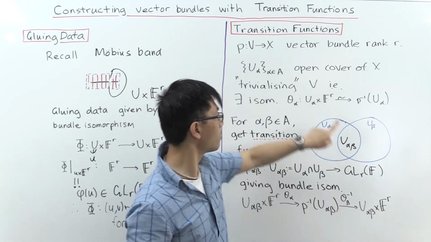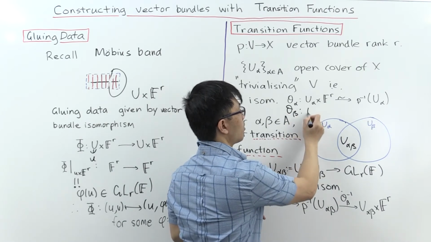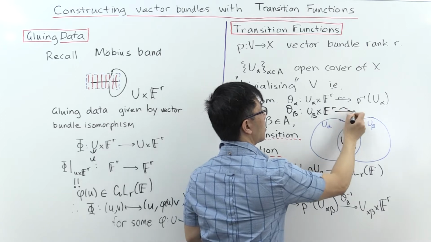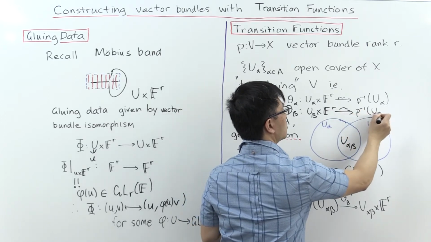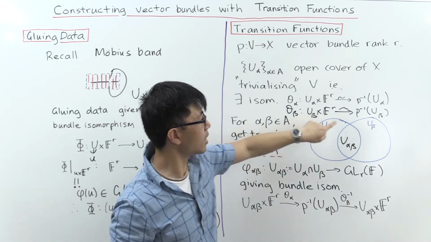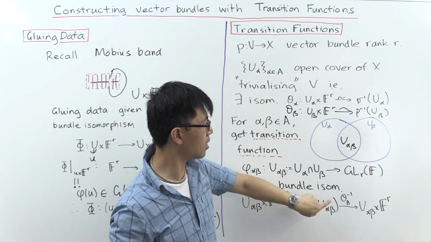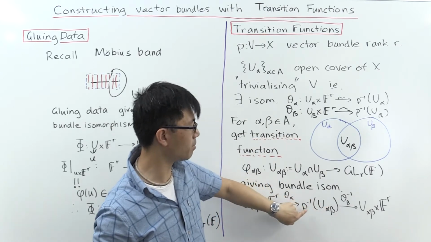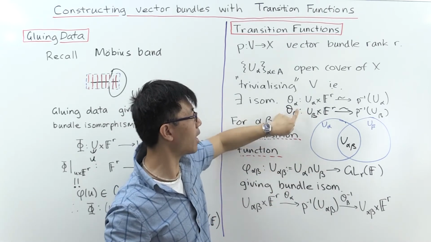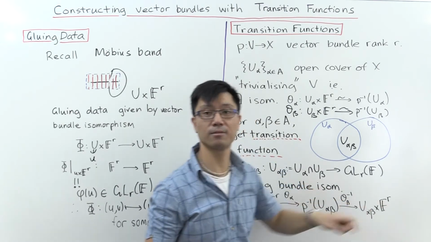So there's a map theta beta from U beta cross F to the r to P inverse U beta. So you can invert this map above the intersection, and if you invert it, what you get is a map from P inverse of U alpha beta to the corresponding part of this trivial vector bundle U alpha beta cross F to the r.